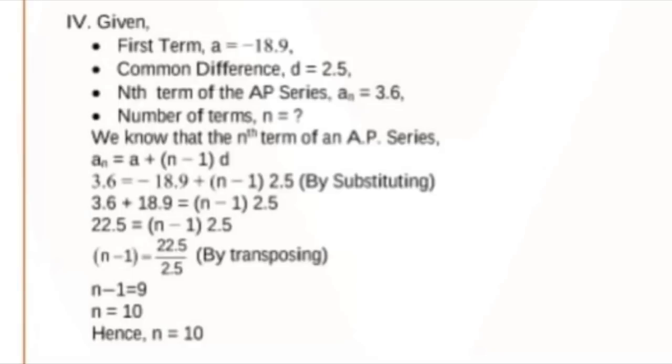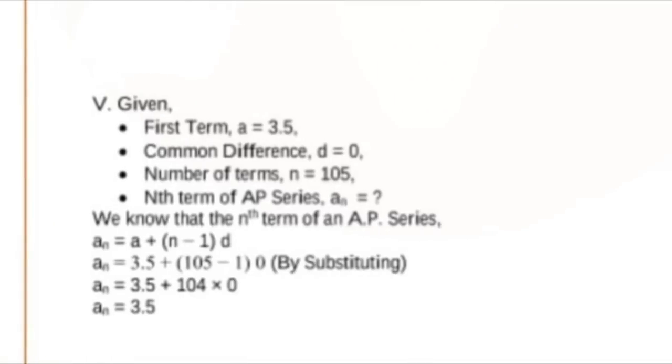Now look, the value of a is in decimal, the value of d is in decimal, the value of nth term is also in decimal, but the value of n is the integer 10. It cannot be in decimal. Fifth part, first term is 3.5, common difference is 0, number of terms is 105.